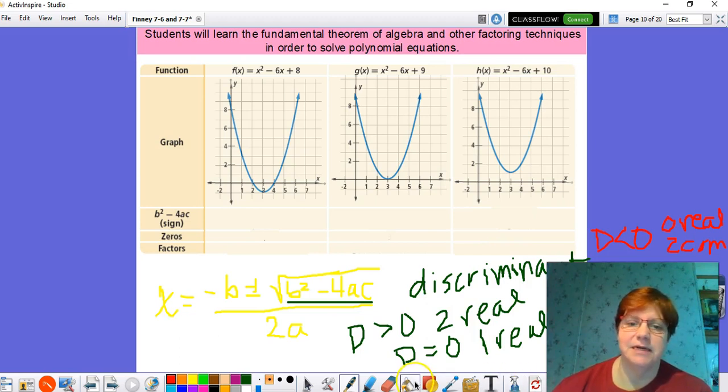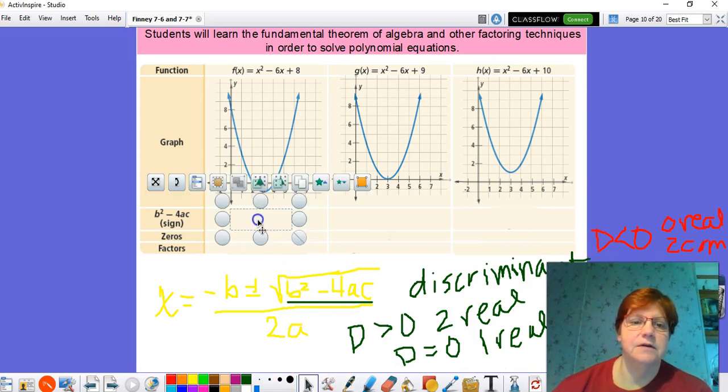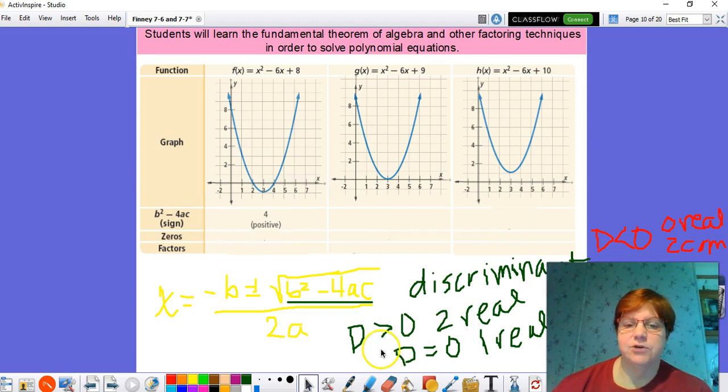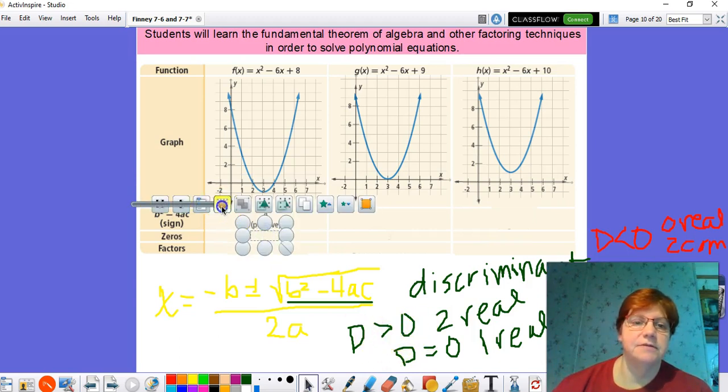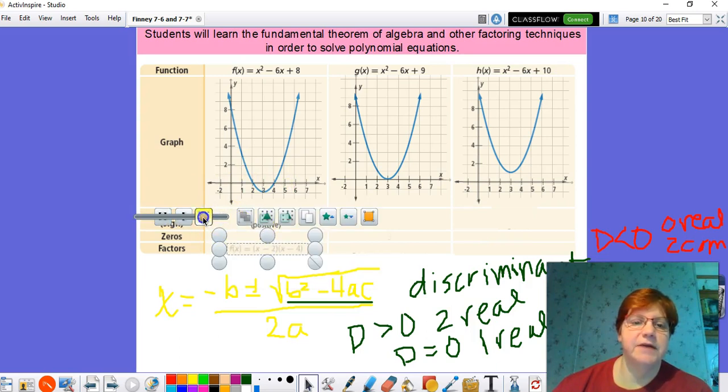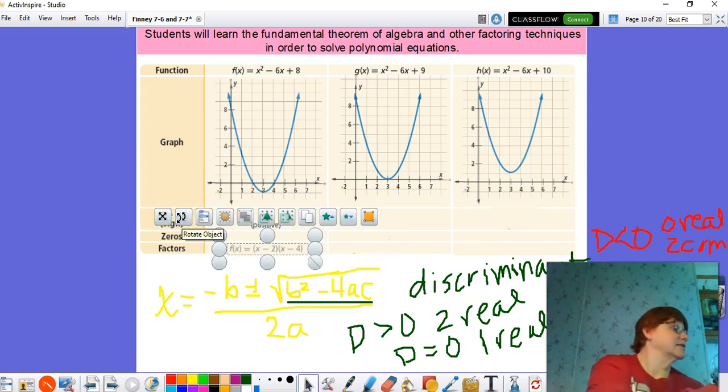So 36 minus 32 is positive 4. So our discriminant is positive 4, it's greater than 0, so we're going to have 2 zeros. And those zeros are going to be 2 and 4. And that also tells us what our factors will be, because our factors will be the opposites of that.